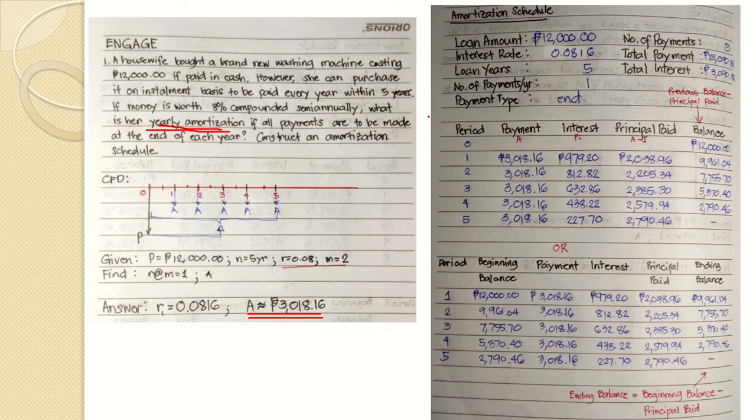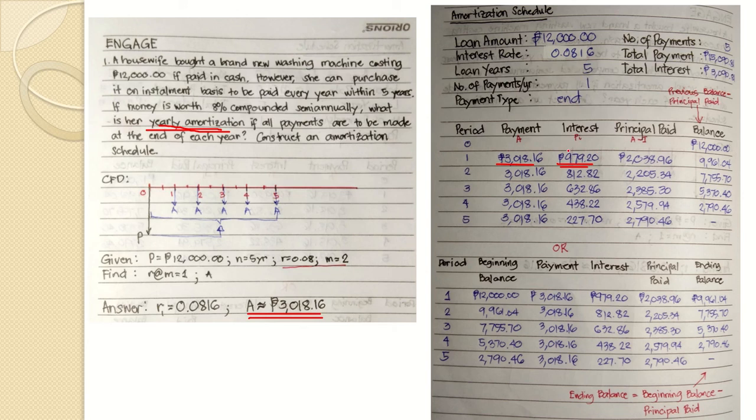So this is the amortization schedule that we have discussed. Let's start with this one. When I say show the solution, please show the solution here. Put in the calculations. Why is it 979.20? In the first row, put in this: 12,000 times I, where I is 0.0816 divided by 1.